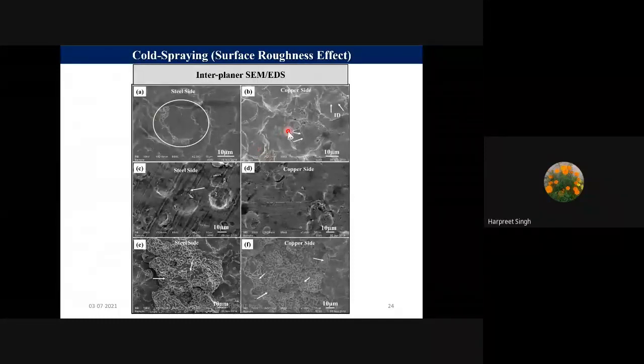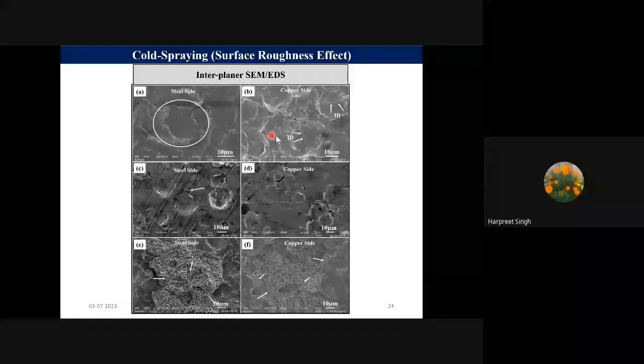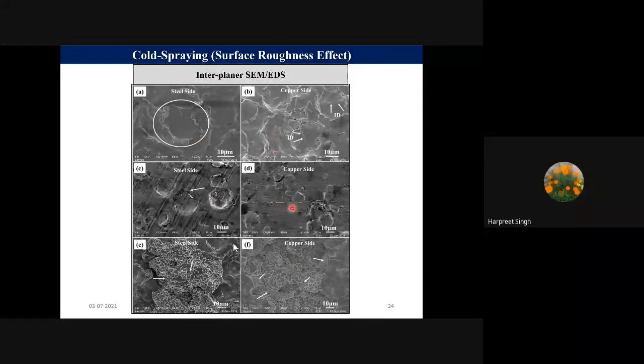See, in SEM, quite often my supervisor used to tell us that the more time you spend on SEM images, the more information you can get, right? Keep on sitting with them, looking at them, and thinking about what is happening and what the features are. Okay, so you will see in this case, we started wondering what kind of features these are.